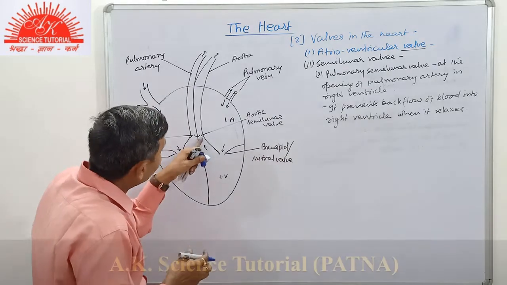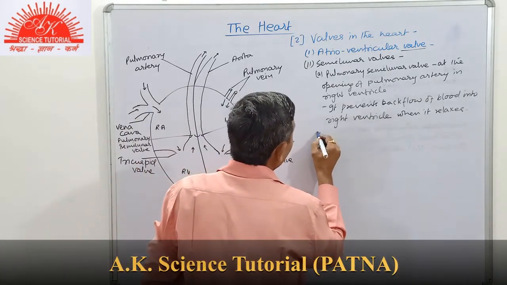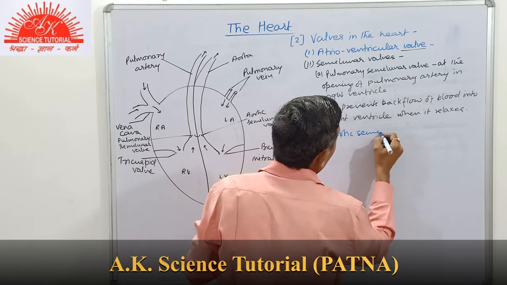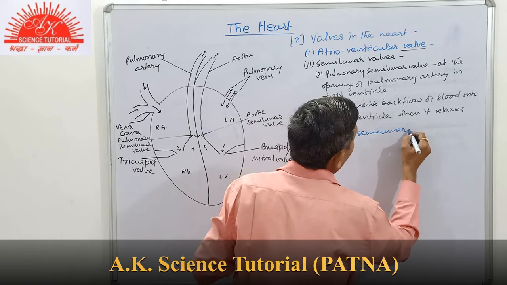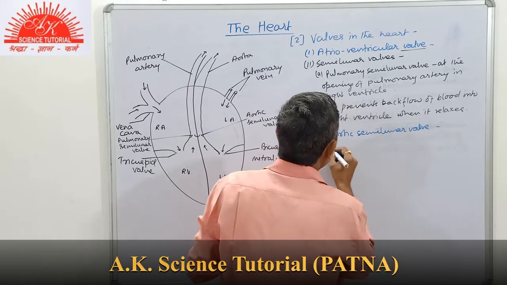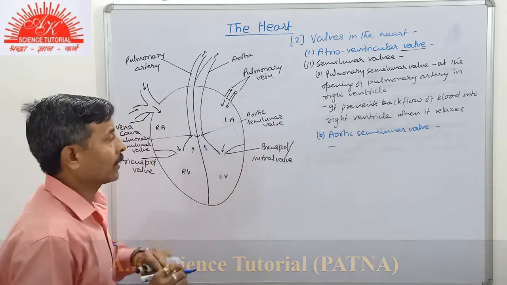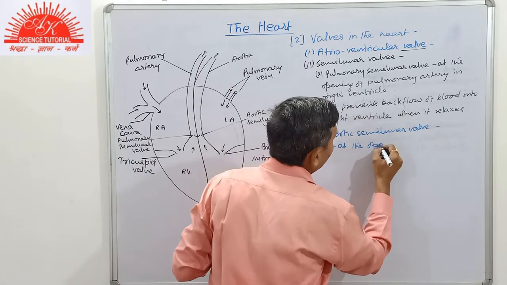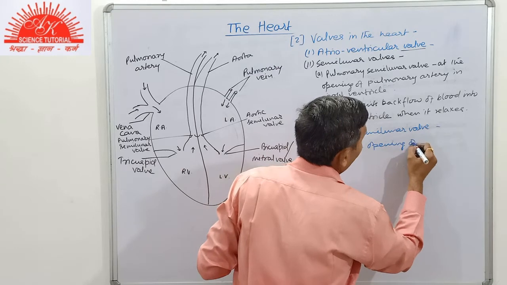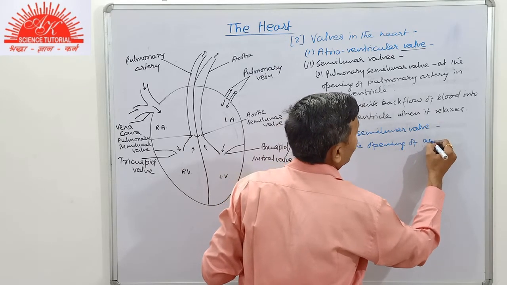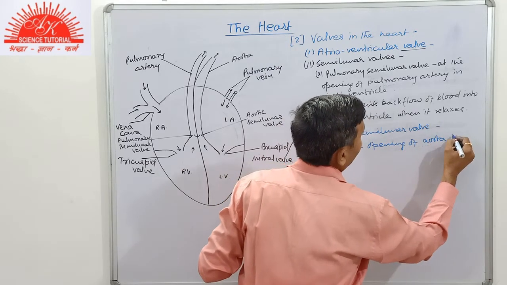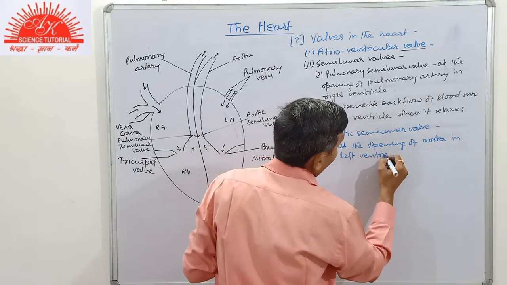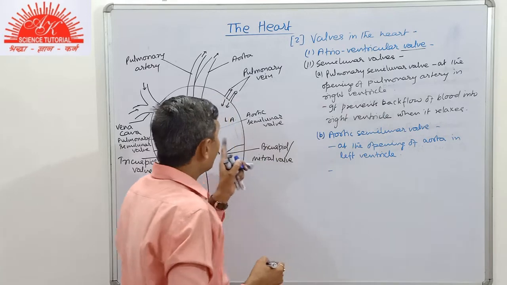Now on a similar basis, here there is the aortic semilunar valve. Now you can see its location and function easily, that is at the opening of the aorta in the left ventricle. And what will be the function?